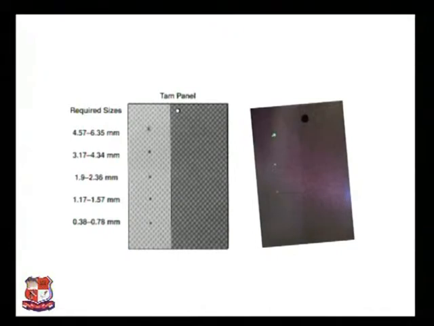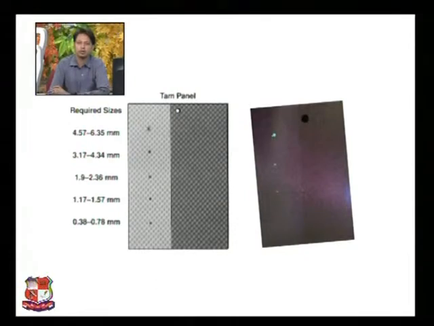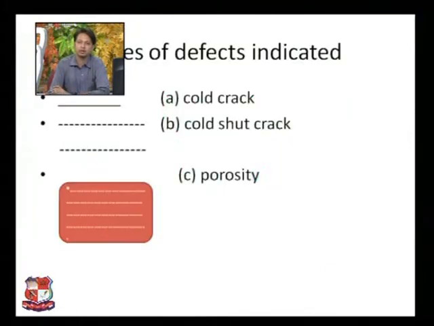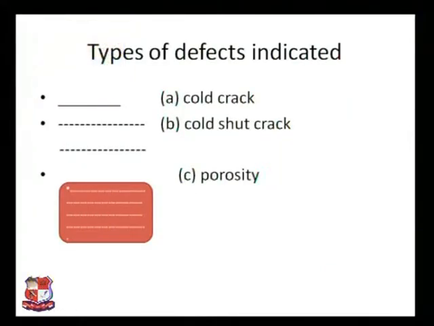You can see the second portion, the right portion of the picture, the pinkish portion which represents the defect present on the surface, and in the same manner you can see types of defects which can be indicated in the form of foam. You can see three types of defects.